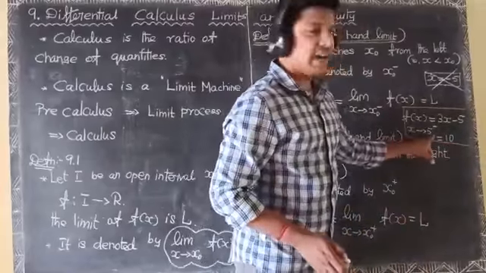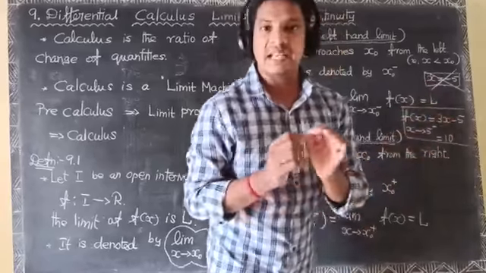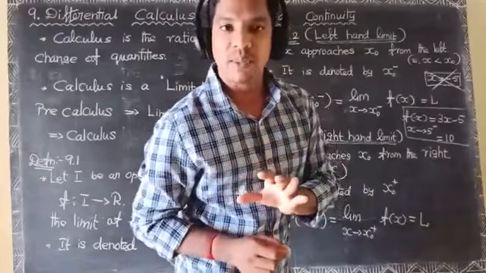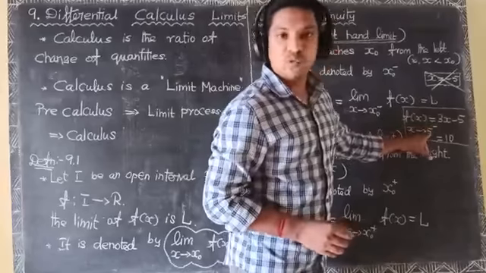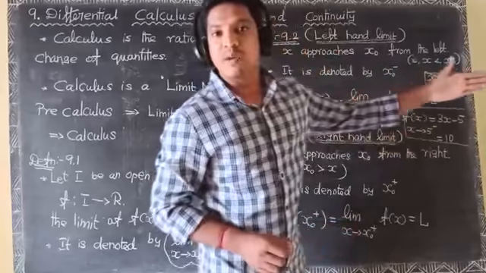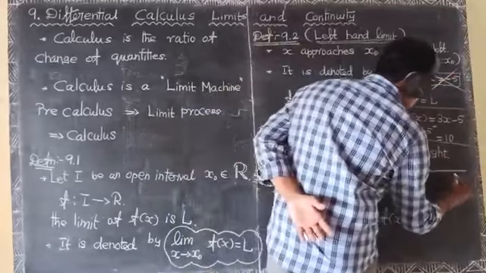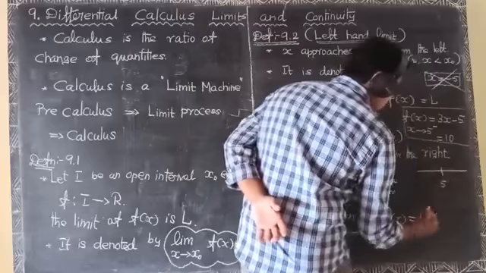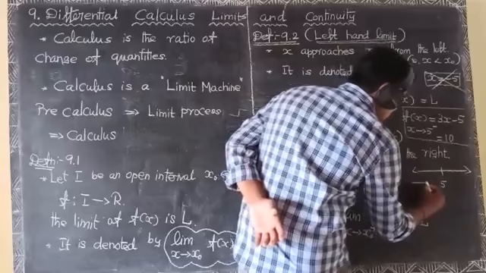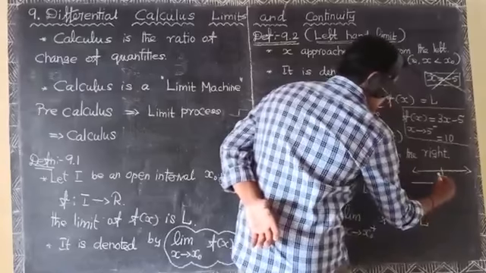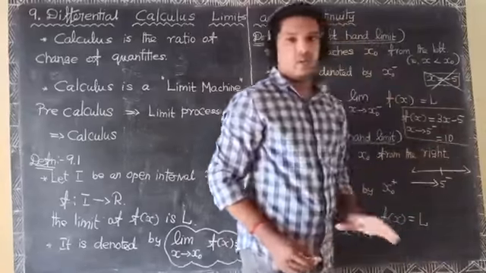X tends to 5 power minus does not mean x equal to minus 5. The sign represents x approaching 5 from the left side, in the real numbers.